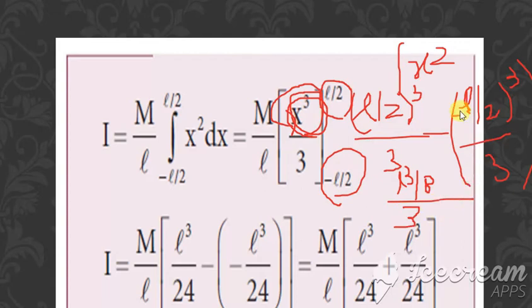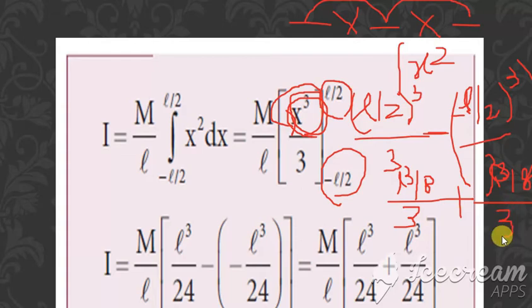Minus, again minus L by 2 the whole cube, that is minus L cube by 8, because we are multiplying minus three times, so it stays minus. We already have a minus in this place, so minus into minus gives plus. So we get L cube divided by 8 divided by 3.